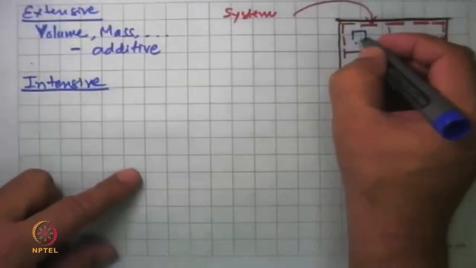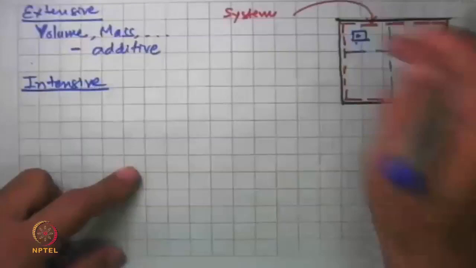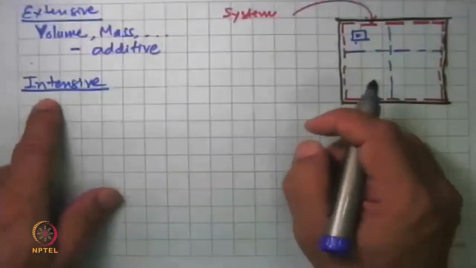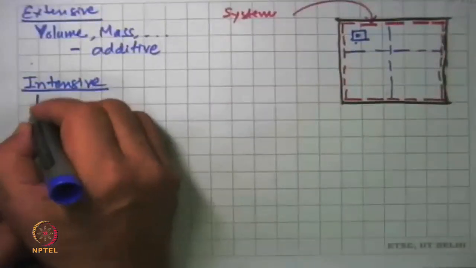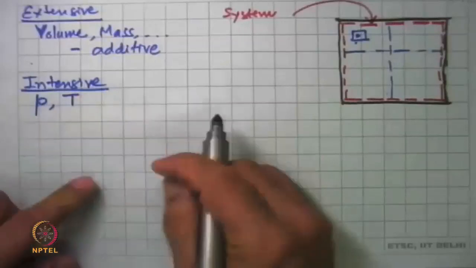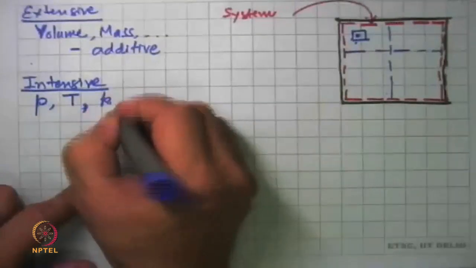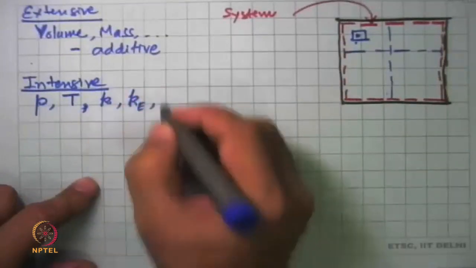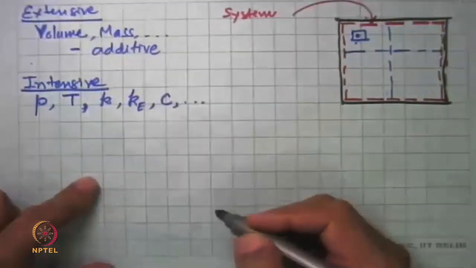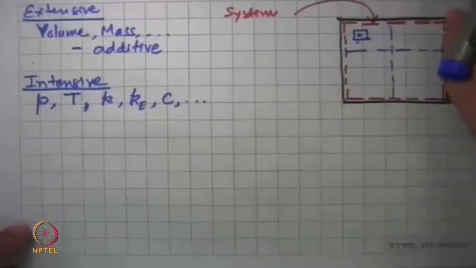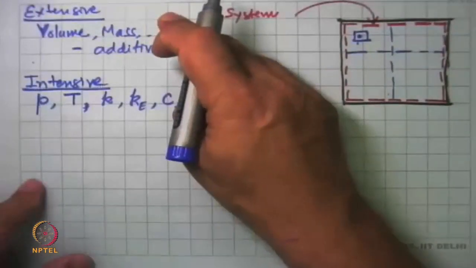So I take a little elemental volume there, or I can call it that at this point in the system, and if I can put some properties and if it is the same everywhere, it is an intensive property. It does not depend on how big this whole system was. Examples of that are pressure, temperature, and then you can say, okay, thermal conductivity, electrical conductivity, specific heat.